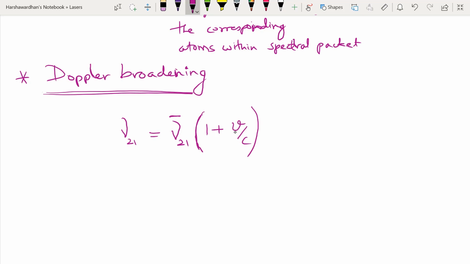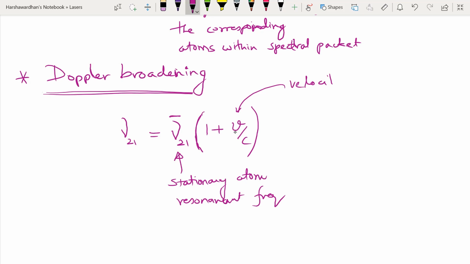V is the velocity of the atom, and nu 21 is the shifted frequency as seen by the light for this particular atom.